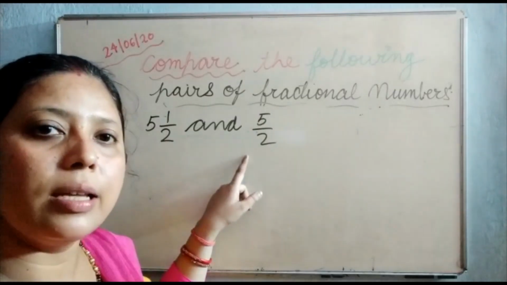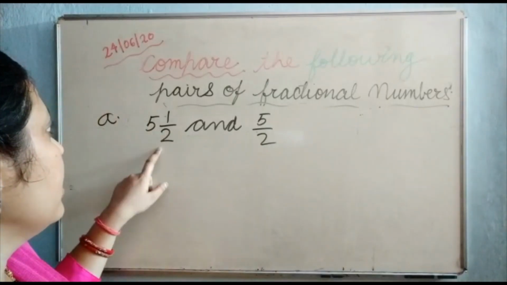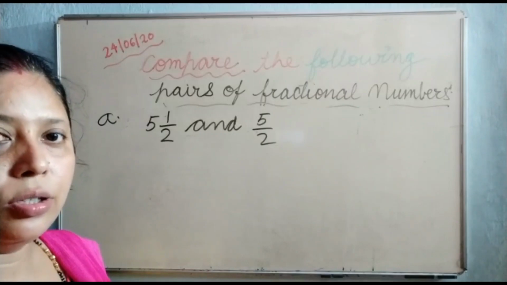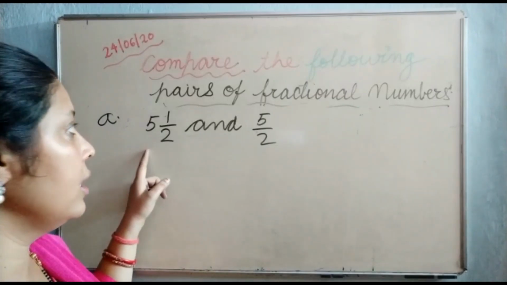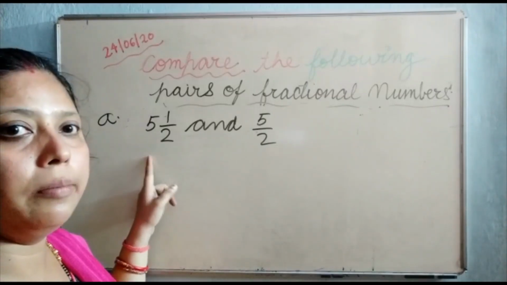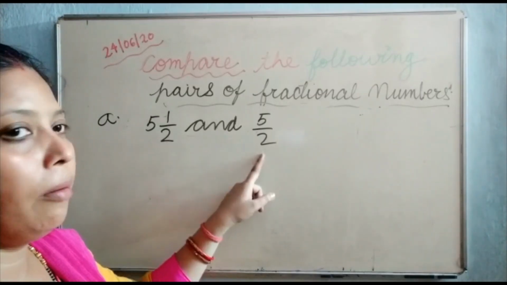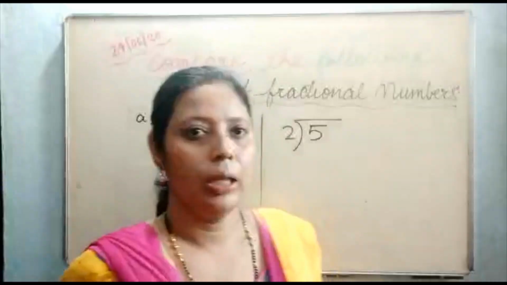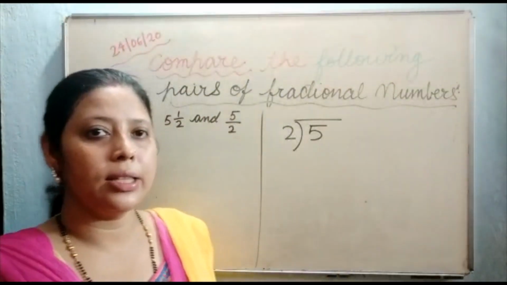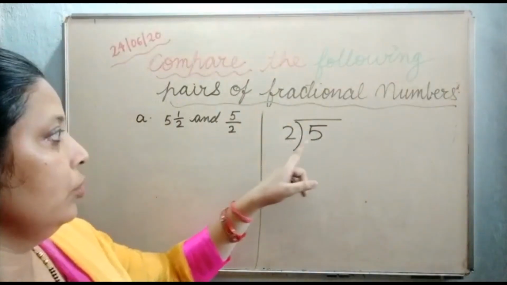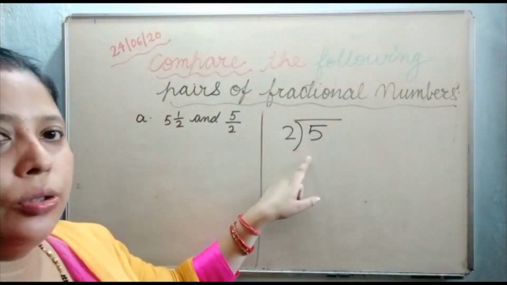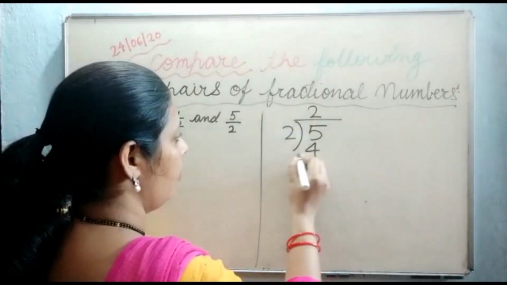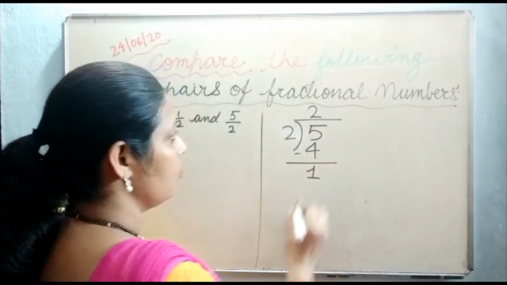But by the process we convert this mixed number into improper fraction. So let's see how do we convert this 5 by 2 into mixed number and then compare. Now let's read the table of 2 to convert this into mixed number. 2 times 2 is 4. 5 minus 4 is 1.